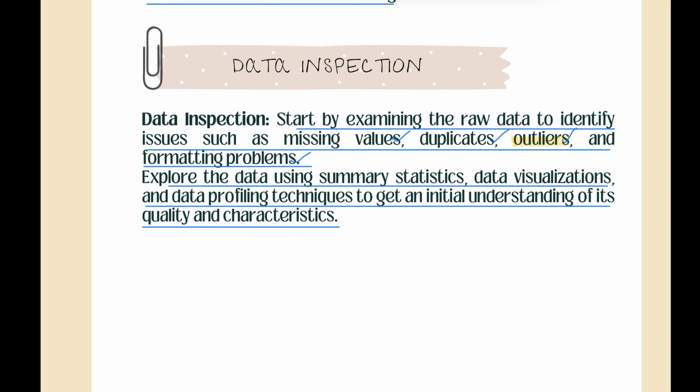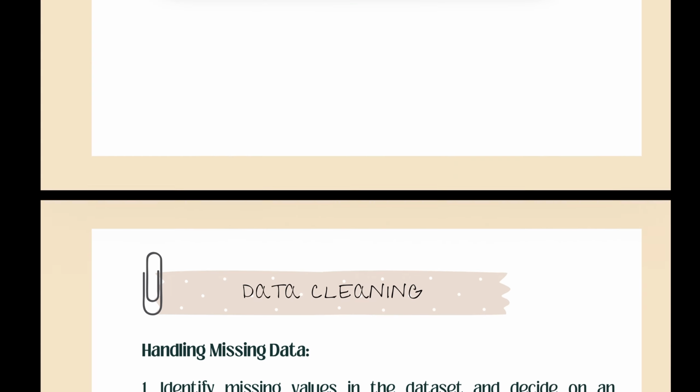Then exploring the data using summary statistics, making graphs, and data profiling techniques like mean, median, mode, and other techniques like deviations, to get an initial understanding of its quality and characteristics. This is called data inspection.